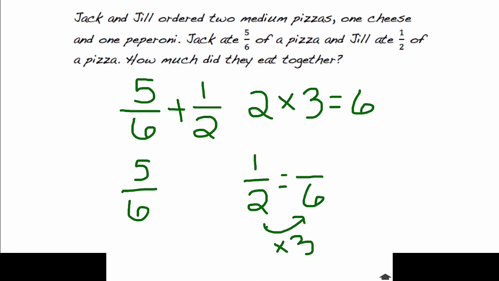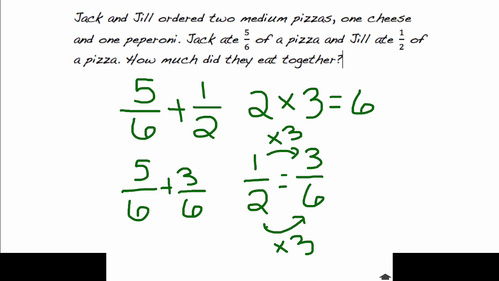So since the bottom number is 3 times as large as the original, the top number also needs to be 3 times as large. So 1 times 3 gives us 3. So 1/2 and 3/6 are equivalent fractions. We are going to use the 3/6 over here. So now we have 5/6 plus 3/6.